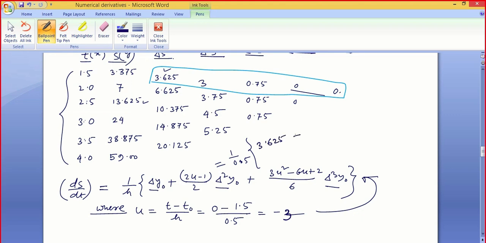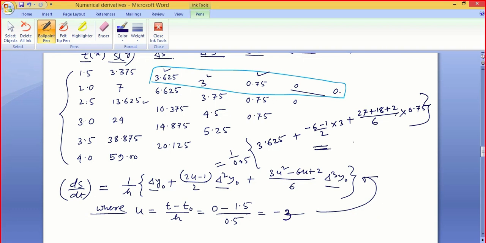3.625 plus 2u minus 1. Means 2u is minus 6, minus 1, by 2 into this value, into 3, plus 3u square, which is 27, plus 6 into u, which is 18, plus 2, by 6 into this value, 0.75. Whatever value you get here, you just calculate.